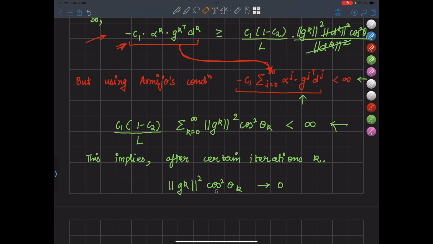So the sum of infinitely many positive finite terms, if it is finite, then after certain iterations the value should go to 0. Okay, that is the thing.